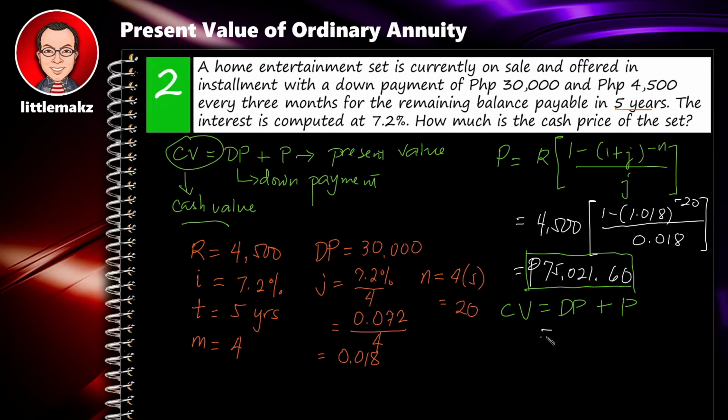The value of our down payment is 30,000 pesos, added to your 75,021 pesos and 60 centavos. So you will get 105,021 pesos and 60 centavos. Now this is our cash price.